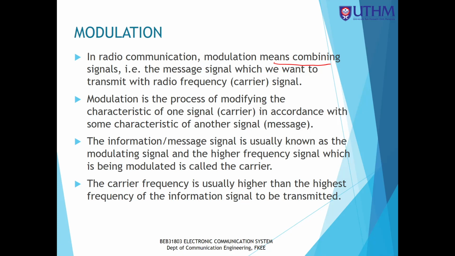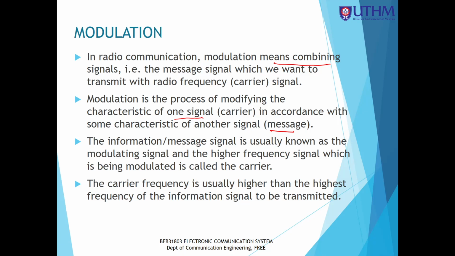So the message signal which we want to send is put onto some radio frequency carrier signal. So modulation is the process of modifying the characteristic of one signal, which is the carrier, in accordance with some other characteristic of another signal, which is the message. So the carrier is mixed, modulated with the input message to produce the suitable signal for transmission.